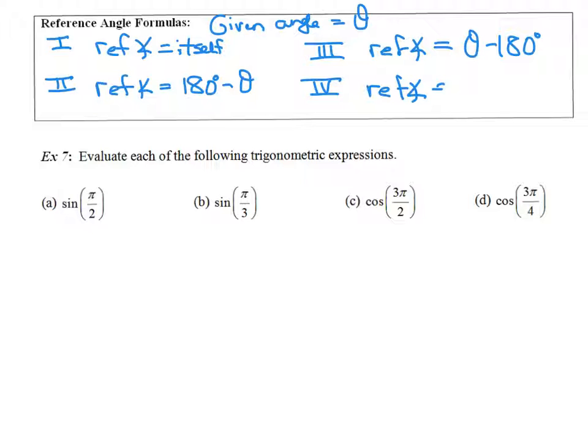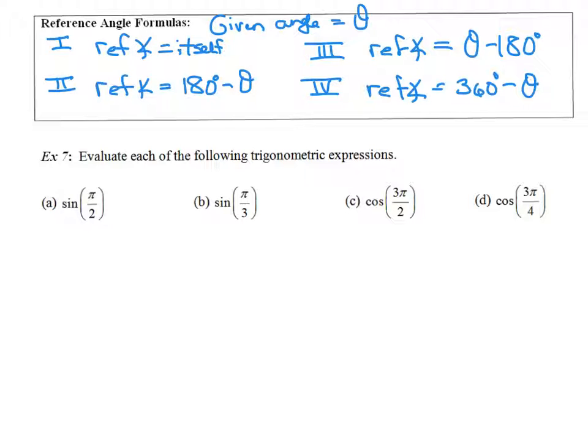Since our angle is in quadrant 4, it's going to be an angle that's between 270 and 360 degrees. So to figure out how far away it is from the x-axis, we're going to take 360 degrees and subtract the given angle, as long as the angle is in the 4th quadrant. So let's look at example number 7, where we're going to put all of these pieces together.